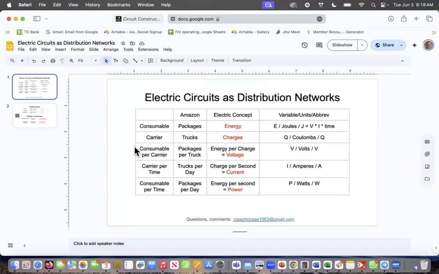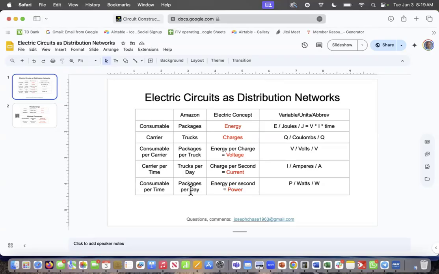So I'll call that a carrier. And then our carrier is going to have a certain degree of capacity. And then our carriers are going to move with a particular speed. And then the combination of all those winds up becoming consumables delivered over time, or whatever is consumed per unit time. And so that's the measure of our distribution network.